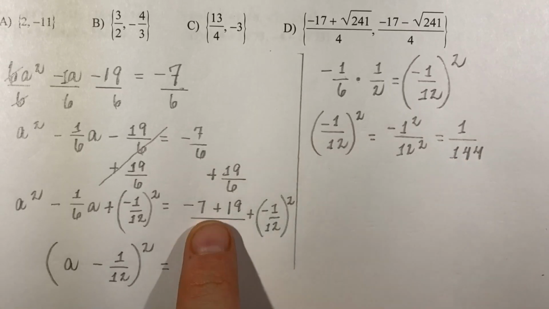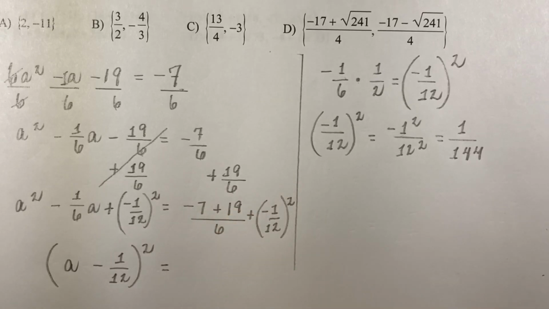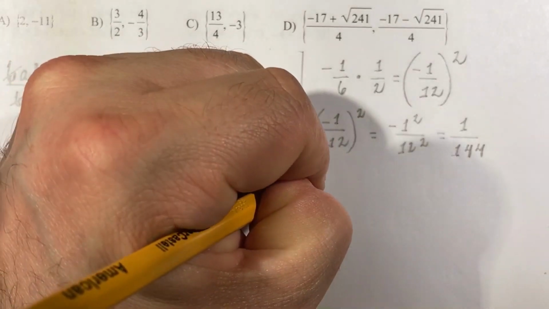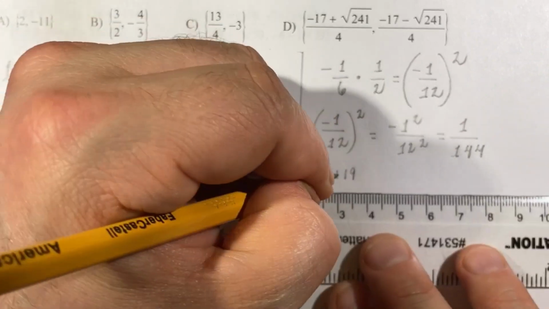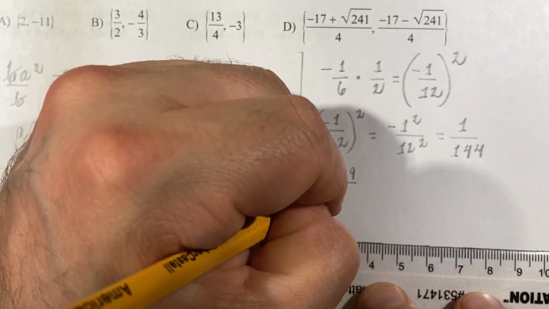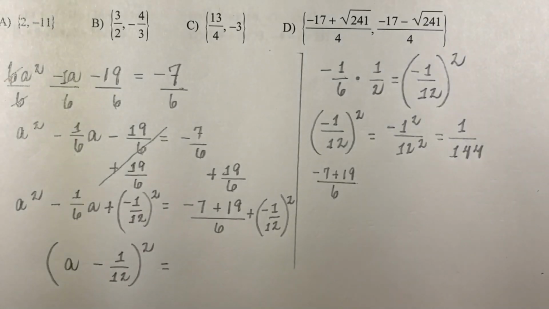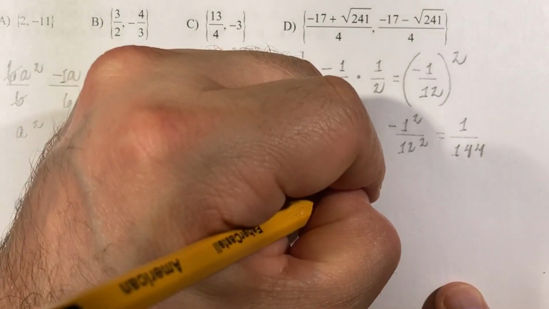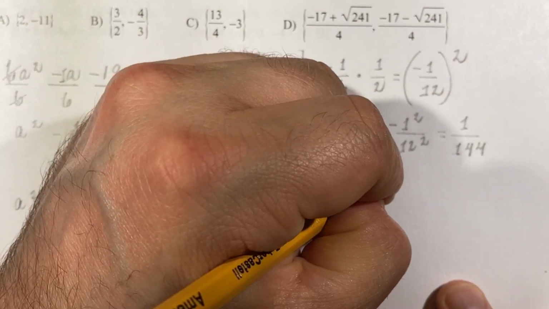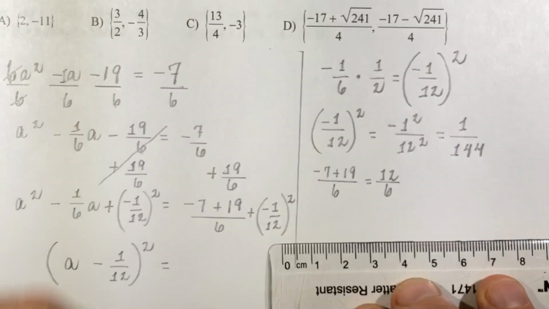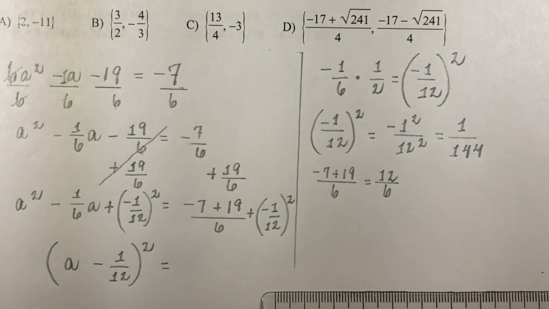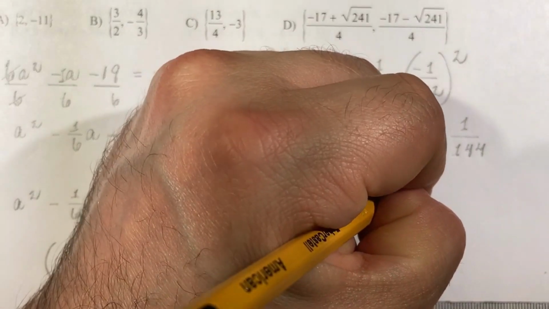So first let's add negative 7 to 19, which would make it 12 over 6. Aha! So negative 7 plus 19 over 6. There's going to be a little trick in here. Negative 7 plus 19 is 12. So that equals 12 over 6. Well, 12 over 6 is just 2. 12 divided by 6 is 2.